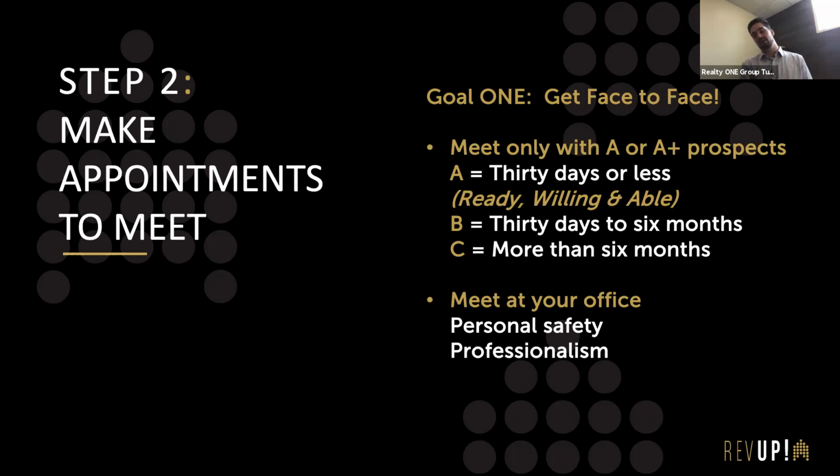Okay, so in the notes, it talks about how all first meetings should be at the office for safety. I'm going to push back on that a little bit, and you should do what you feel comfortable and safe doing. Realty One Group partners with the Beverly Carter Foundation. It's a really tragic story about a real estate agent who was robbed and killed.